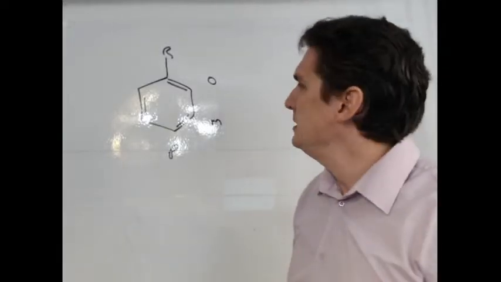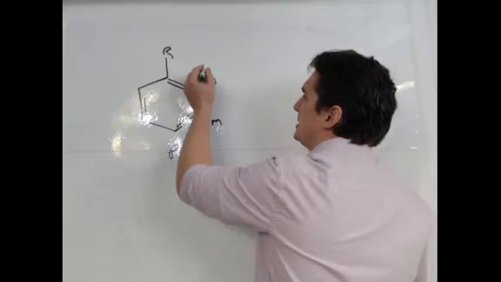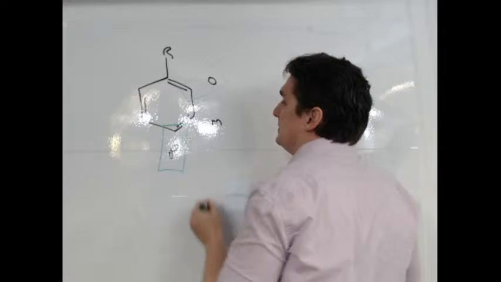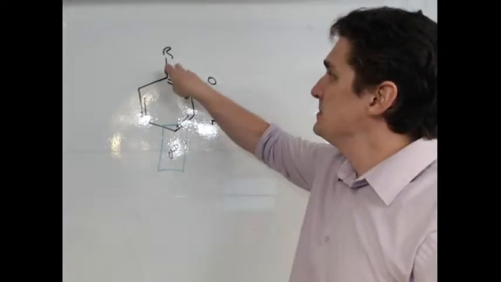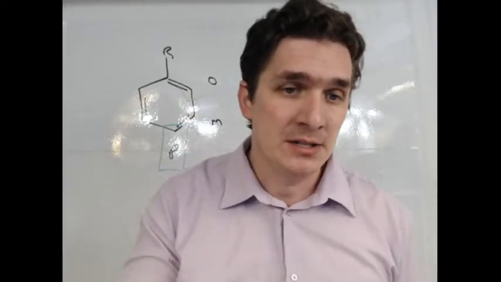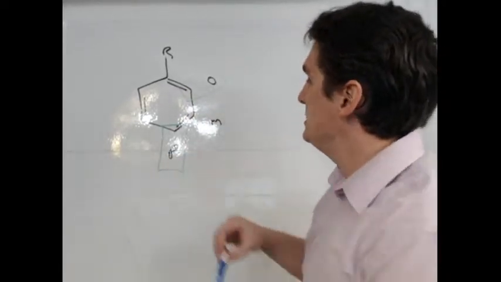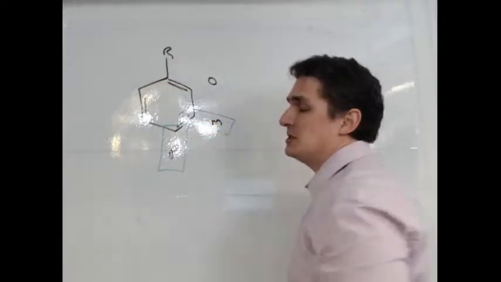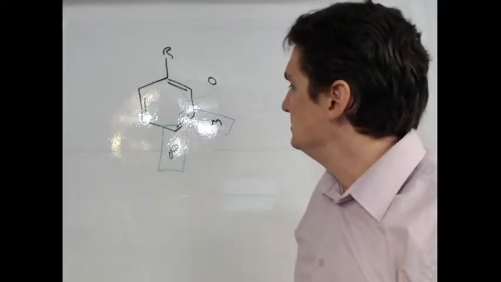The critical thing here is the ortho and para positions, because they are connected to the R group by resonance, if it's possible. If it is possible for R to resonate with the ortho and the para positions, then there's going to be an effect on the reactions at those positions. Now, R does not affect the meta position, because it's not connected by resonance.